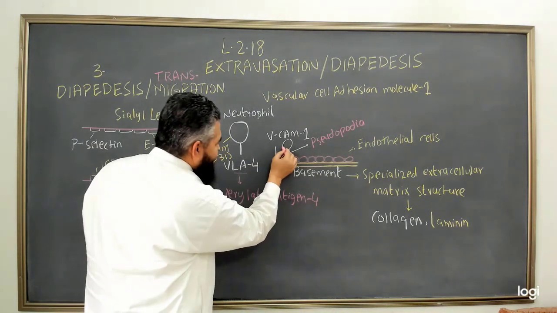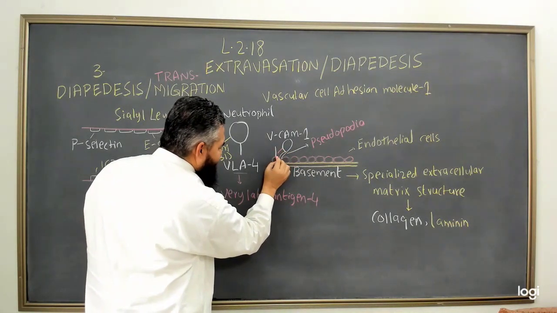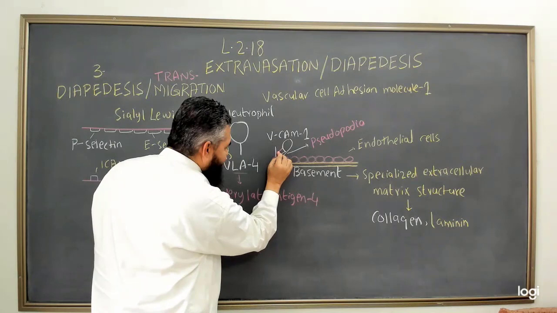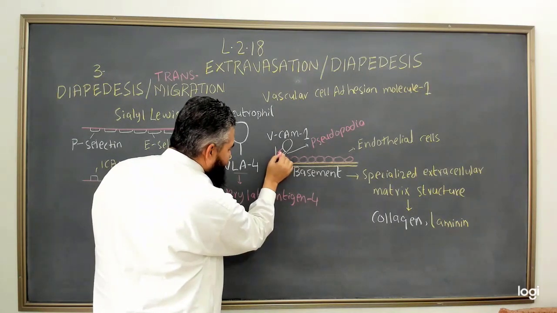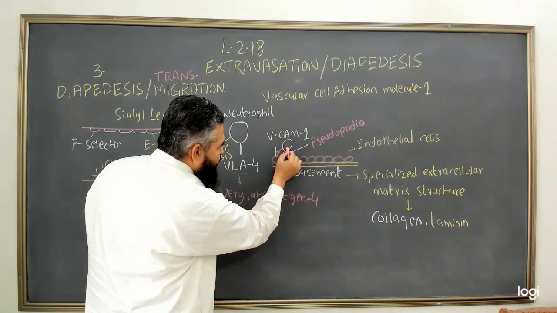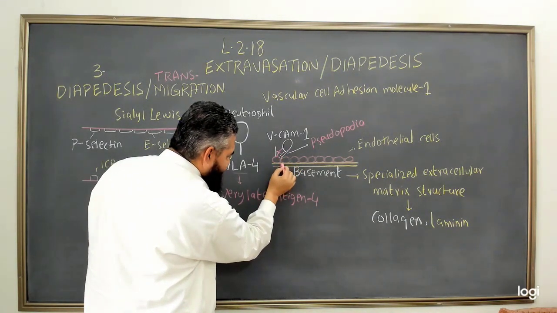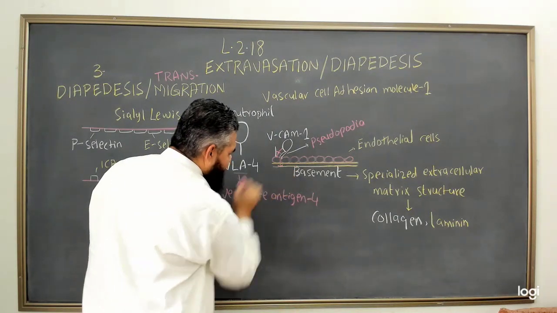When they interact with each other, this process helps the movement of these neutrophils from this endothelial layer towards the basement membrane or into the basement membrane.